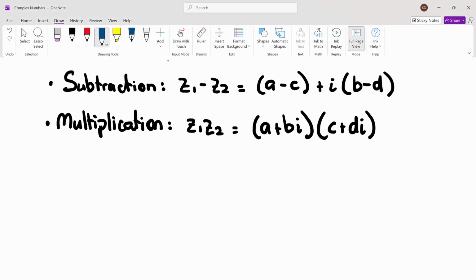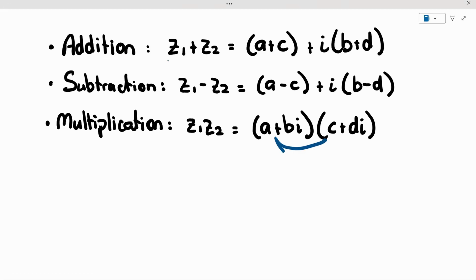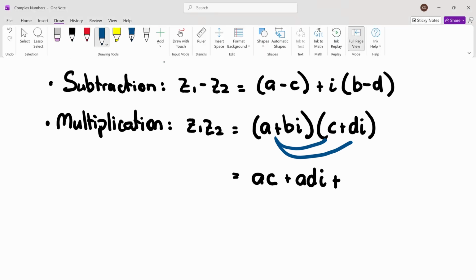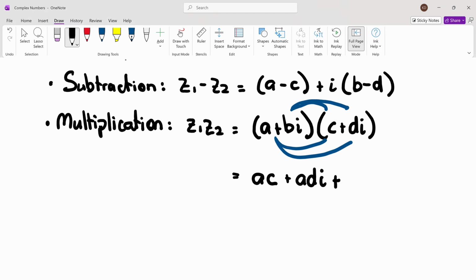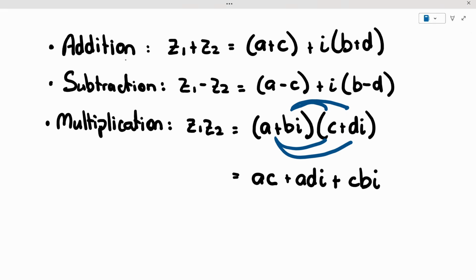So we do a times c plus a times di, so ac plus adi, plus, and now we do bi times c and bi times di. So bi times c is cbi, and then we have bdi squared.